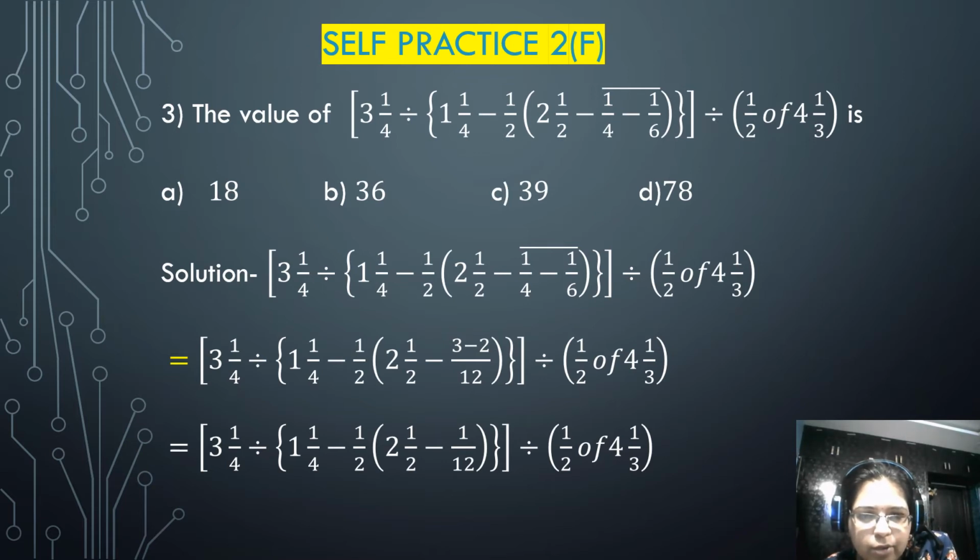If an expression has both division and multiplication, then division and multiplication have equal priority.